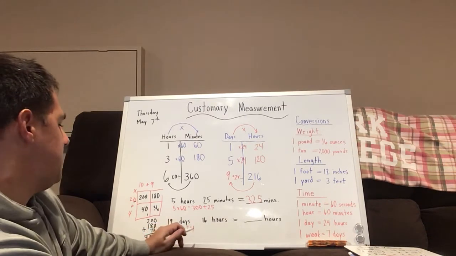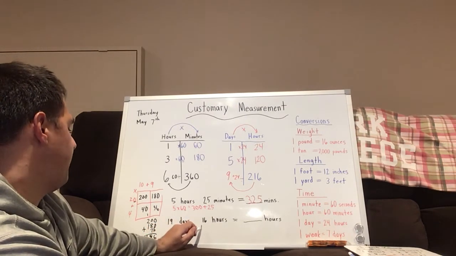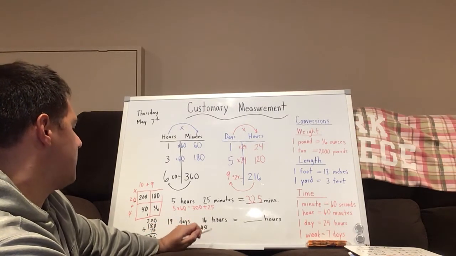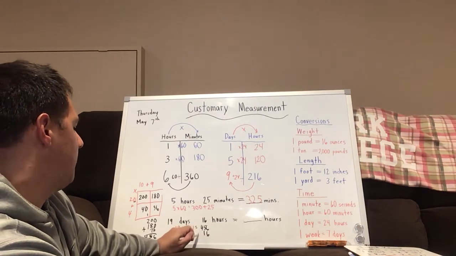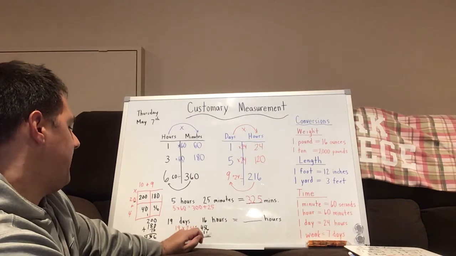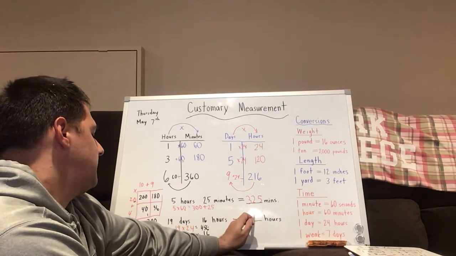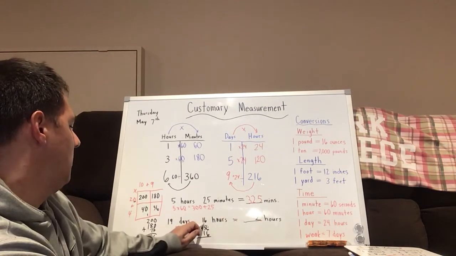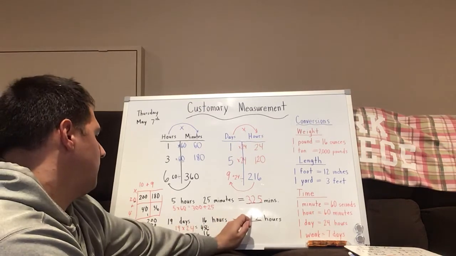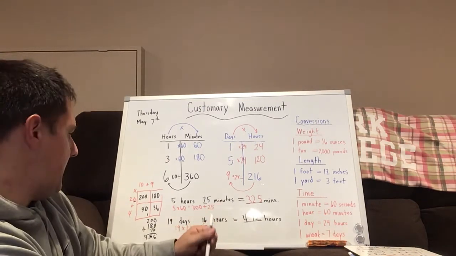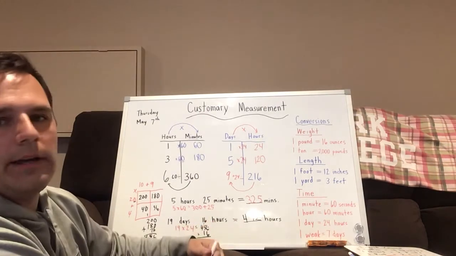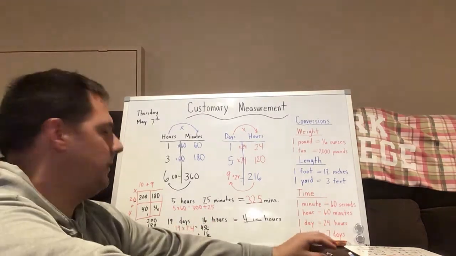So I know 19 days is really equivalent to 456 hours. And I'm going to add my other 16 hours that were already there. And when I add them, I get 6 and 6 is 12. Carry my 1, 5, 6, 7, and 4. So 19 days and 16 hours is really equivalent to 472 hours.